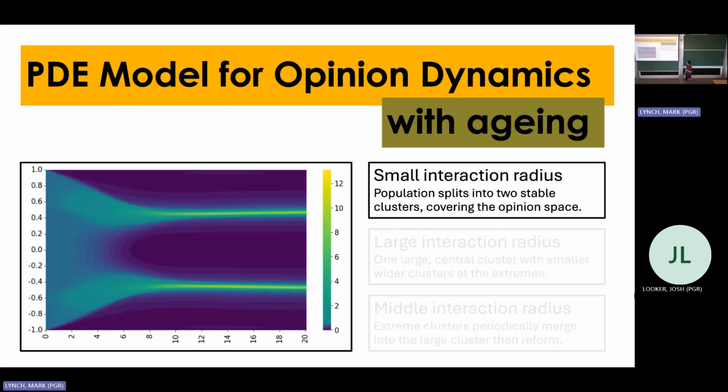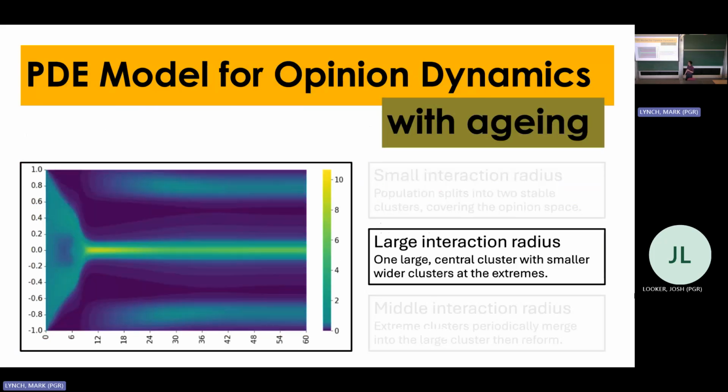If we make the interaction radius larger, last time this gave us consensus, everyone just in one central cluster in the middle, but this time it does something a bit more complicated. So if you look at just the first bit of this, you get the same kind of thing. So your population forms into 2 clusters and then they combine into 1 cluster. And for a period of time here, basically everyone is at this consensus in the middle. But you then have this effect of new people joining the population. So if people join the population nearby the central consensus, then they just join the central consensus.